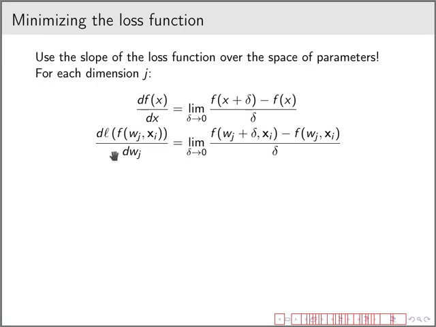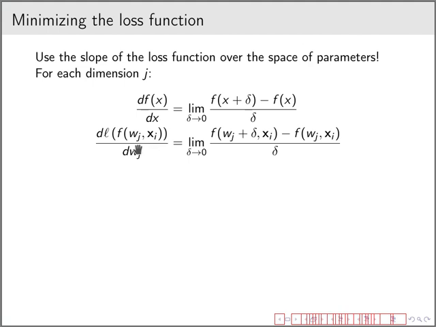Going back to the loss function, when we compute the derivative of the loss function, we do that with respect to a parameter w, or a fixed parameter. In this case I'm using w, but the bias terms should be handled in the same way.